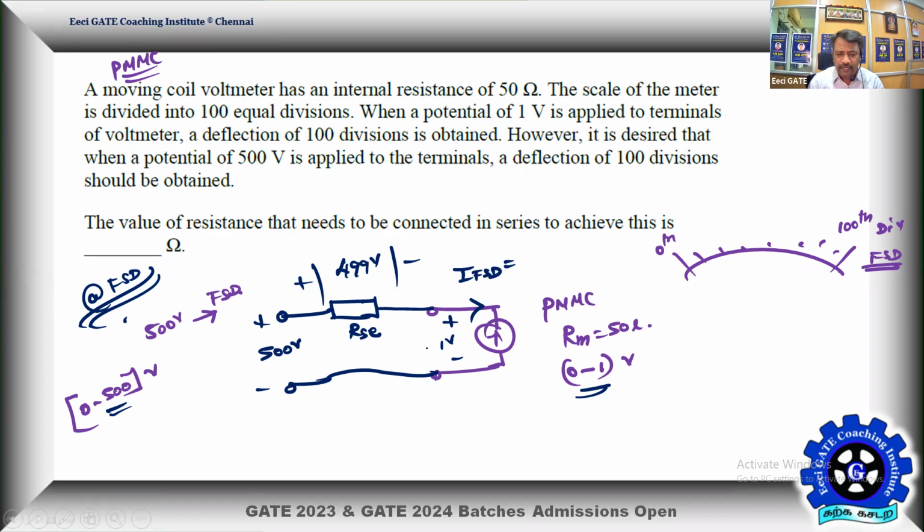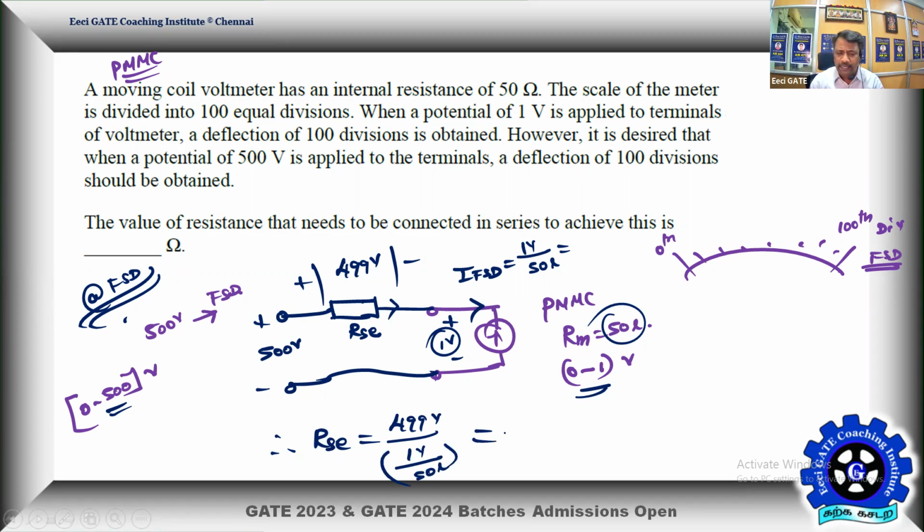The full scale voltage is 1 volt and the resistance is 50 ohms, so it is 1 volt divided by 50 ohms, that is 1 by 50. Therefore R series by Ohm's law is 499 divided by the current, because R series also carries the same current. So 499 divided by 1 volt divided by 50 ohms.